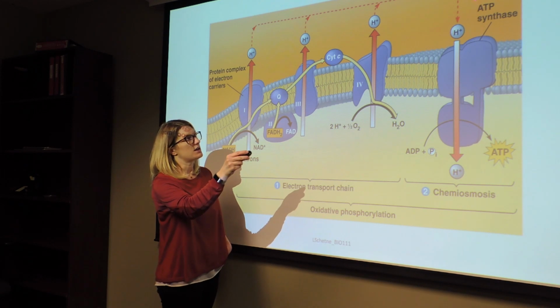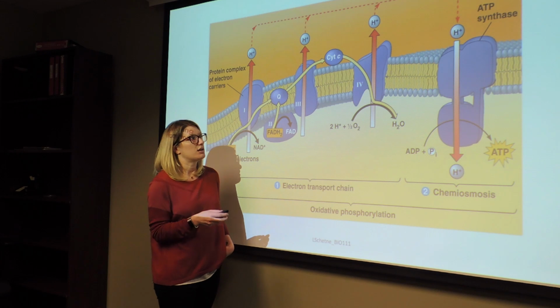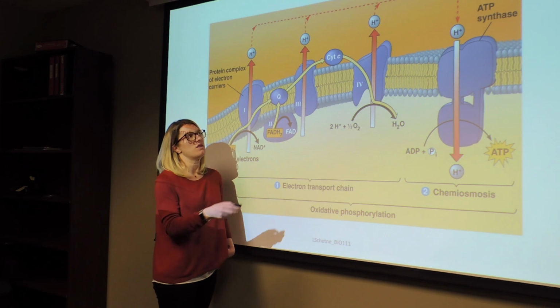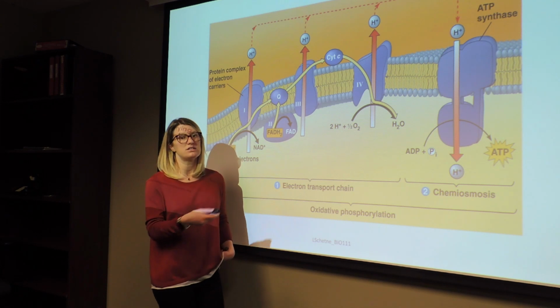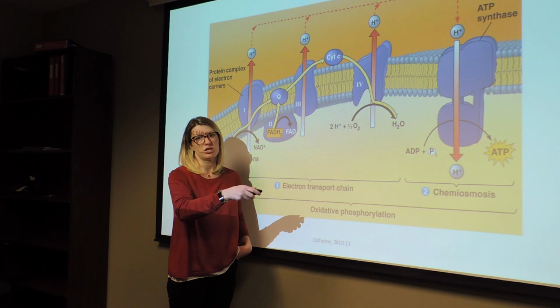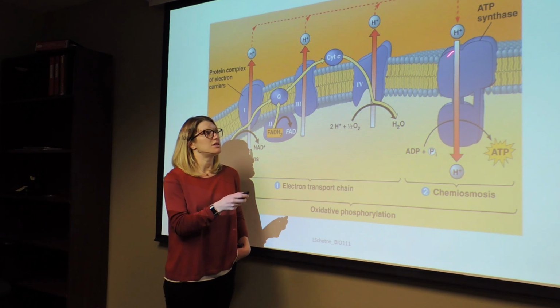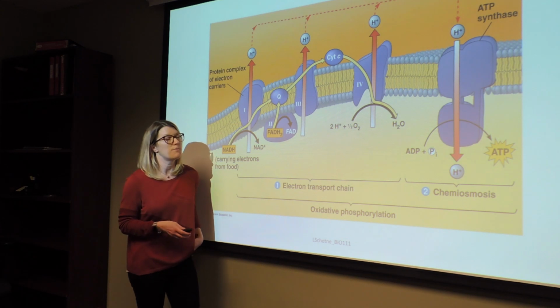So what happens is, remember, we have this high concentration of protons, and in an ideal environment, these protons want to move down their concentration gradient. They want to diffuse from areas of high concentration to low concentration. What's really nice about ATP synthase is it provides a channel for those ions to do so.